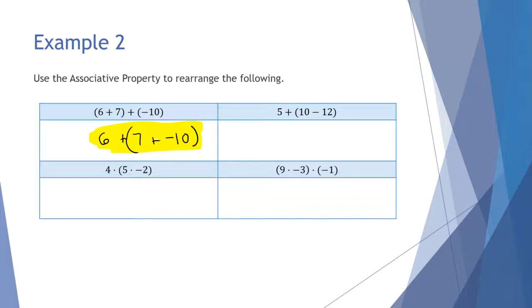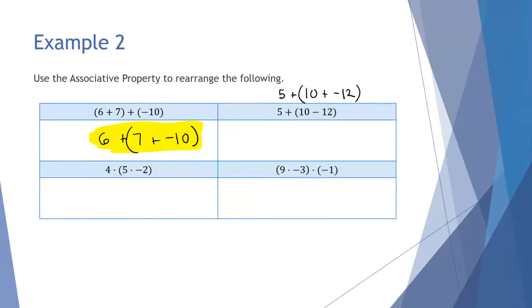Now, the second one that I have on the top right, I have 5 plus 10 minus 12. Once you have that minus, you need to first turn the subtraction into addition before you can use this property. So this is the same as saying 5 plus 10 plus negative 12, since subtracting is the same as adding a negative.